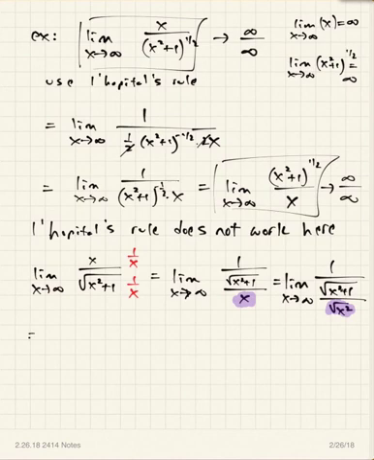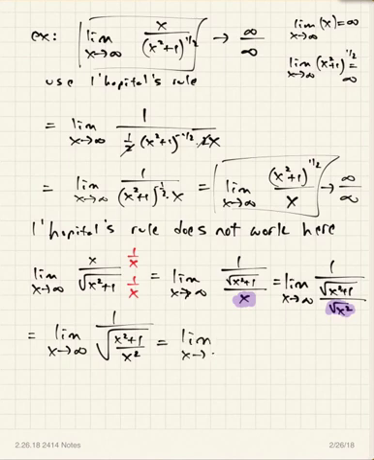And so then what happens here is you get the limit as x goes to infinity of 1 over, and now you can divide those two radicals. And so certainly what happens here is you have 1 over the square root of 1 plus 1 over x squared. That's why you wrote that x as the square root of x squared, so you could divide the two radicals out.